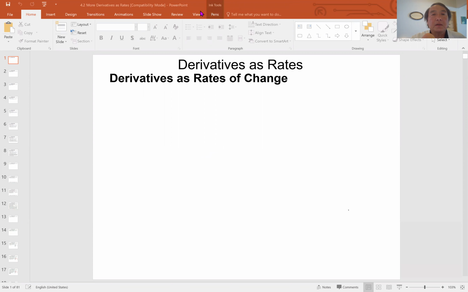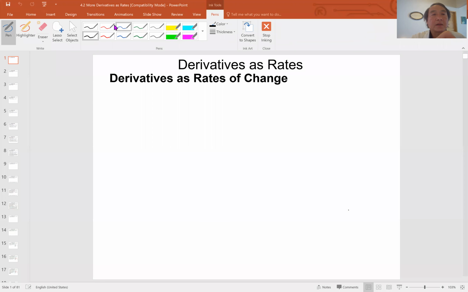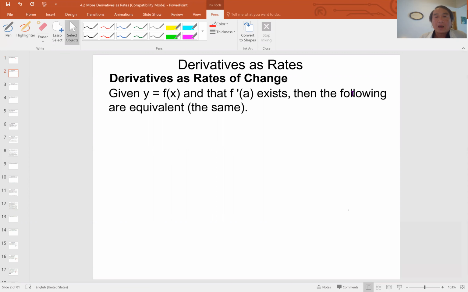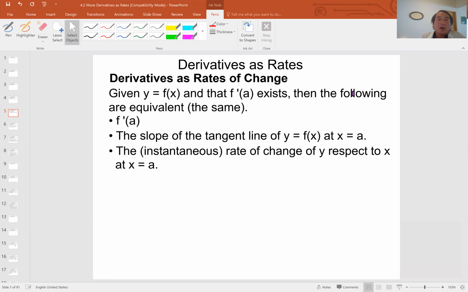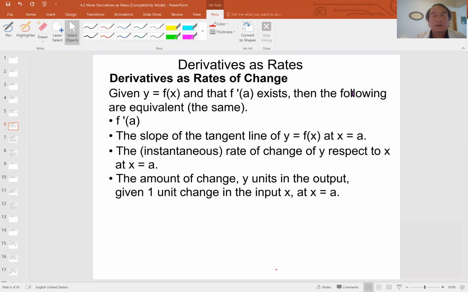Over here, what we mean by rates, you can think of as ratios. Ratios of what? Ratios of output versus input. So given a function for which the derivative exists, all these mean the same things.